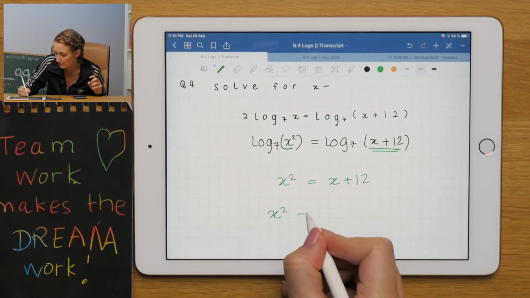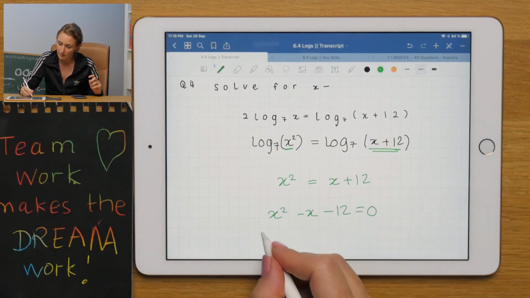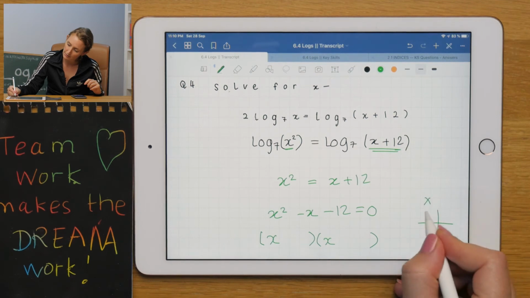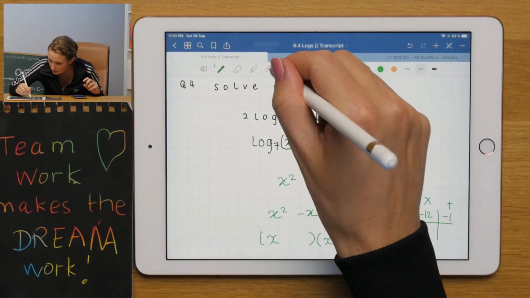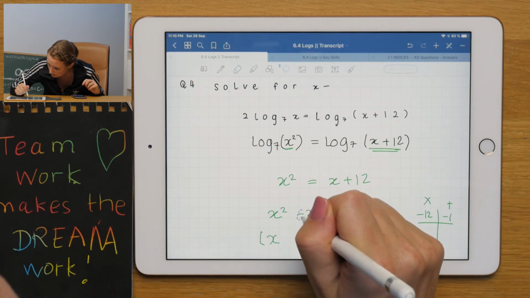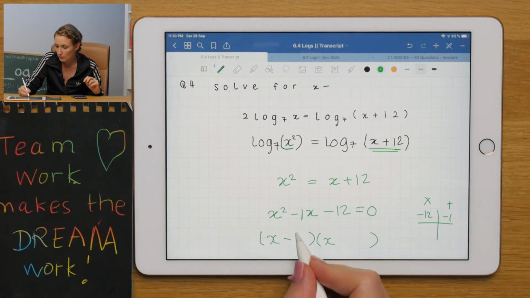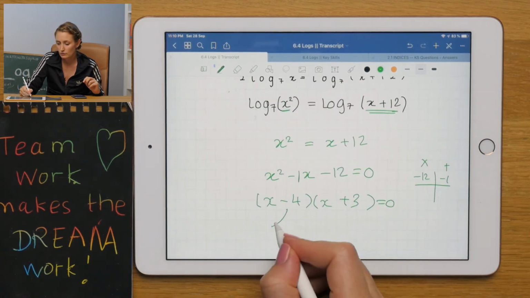So we can bring everything to one side, not messing up our signs. We want to multiply for minus 12 and add up for minus 1. Remember, there's an invisible 1 here. Boom. So we want minus 4 and plus 3, giving us 2 solutions.